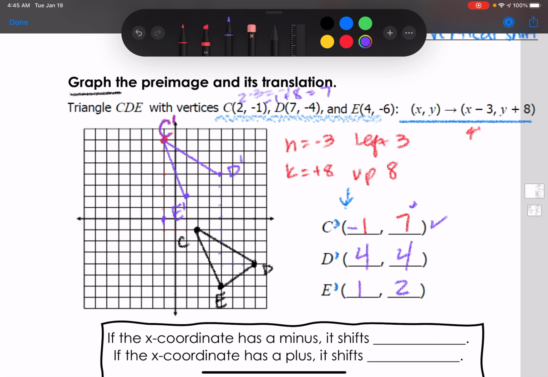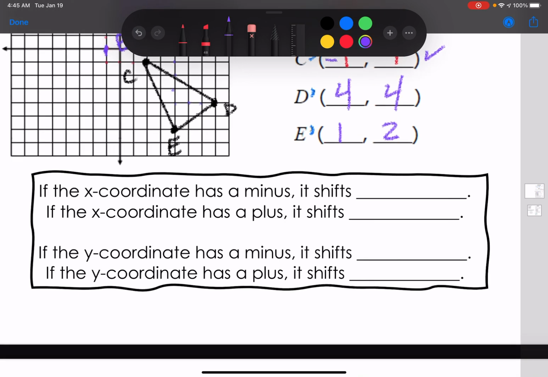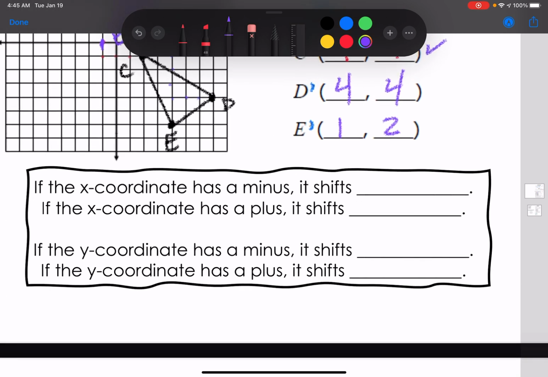Now, again, you do not need to have graph paper to do this. The great part is that you've got your algebraic representation. So if you've kind of got an idea here, if your h value is negative, it shifts left, and if it's positive, then it's going to shift right, because I'm working on the x-axis.